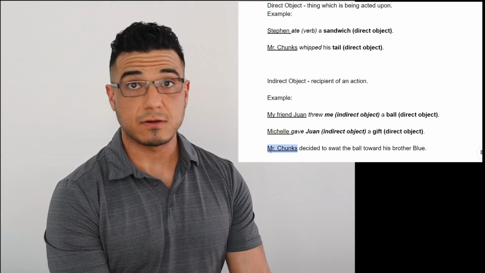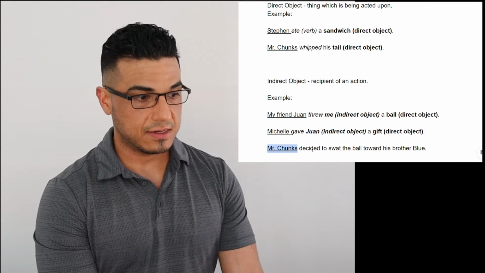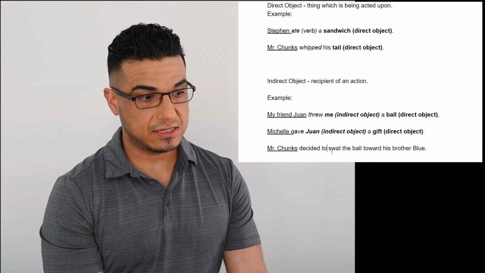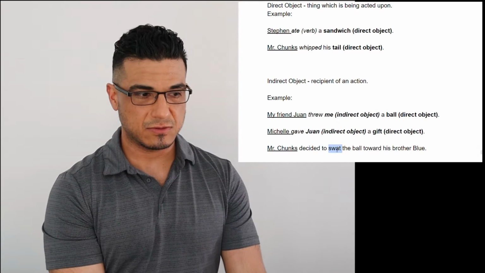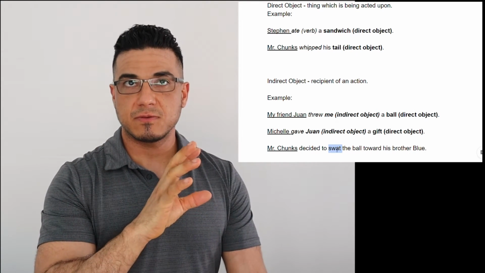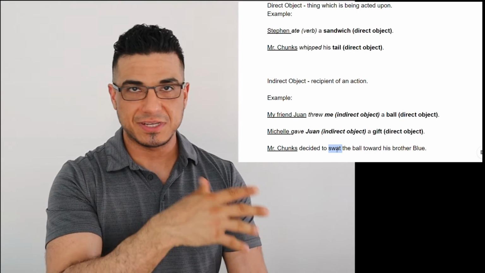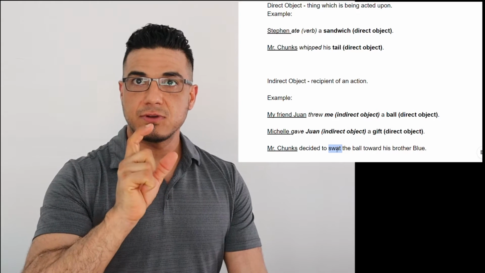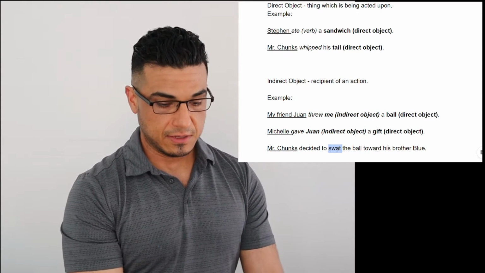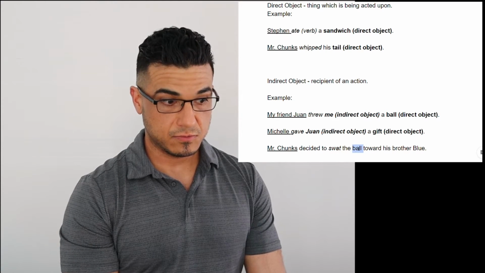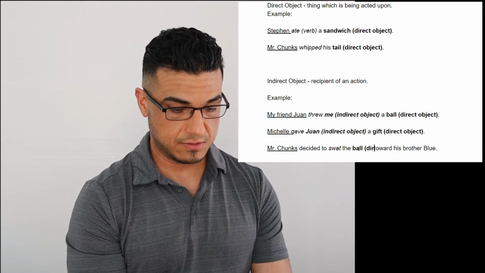Okay, so we've got Mr. Chunks, who is our subject in this sentence, and he decided, so there's a few different actions. So he decided to swat, because that's really the verb, okay, so there's multiple verbs because decided again is an action, but swat in this case is going to be our focus, okay? So swat is our verb. The ball, which is our direct object.